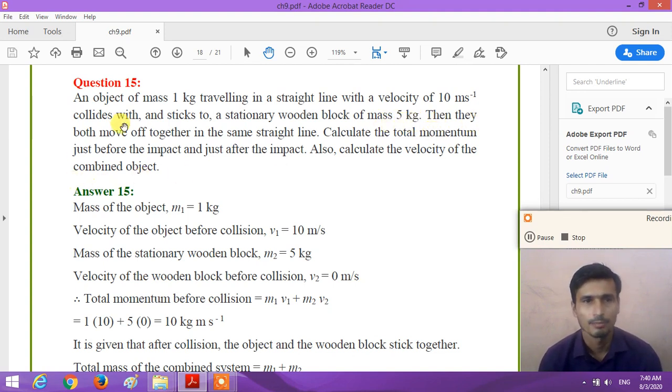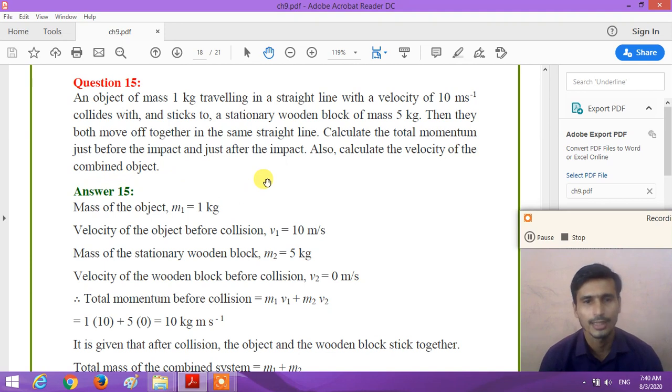Then they both move off together in the same straight line. Calculate the total momentum just before the impact and just after the impact. Also calculate the velocity of the combined object.